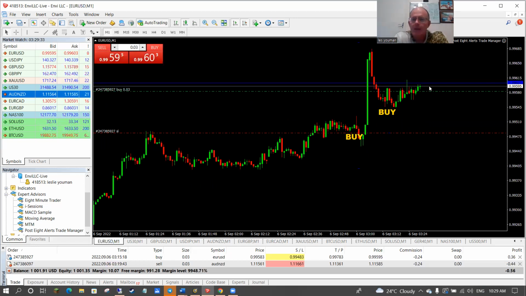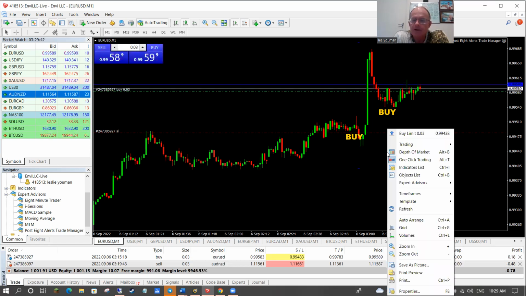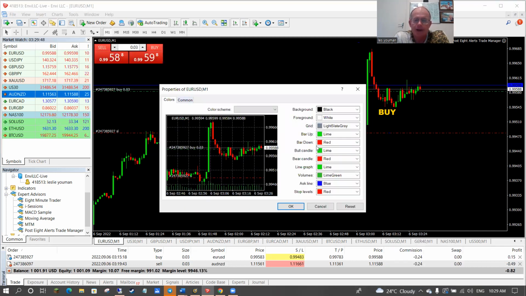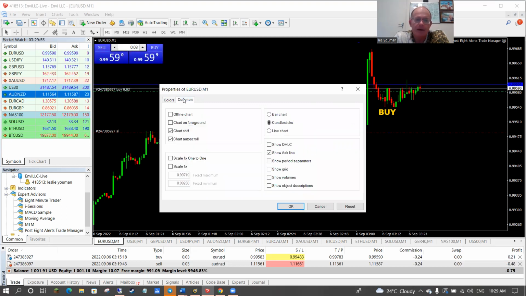By default, MT4 doesn't display the ask price. So what you need to do is right click on the chart, come down to properties, where you can change your colors, but the post date scalper template does that for you. Click on common, and that's the ask line.